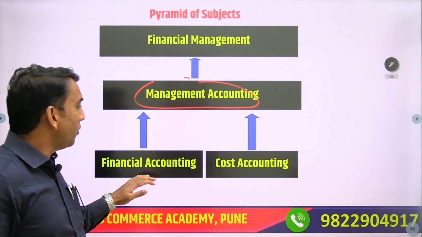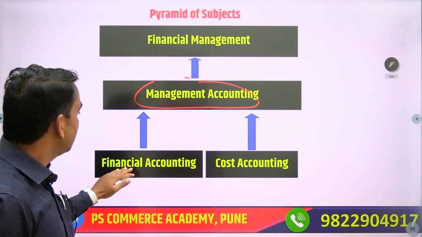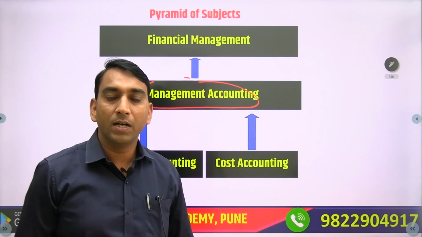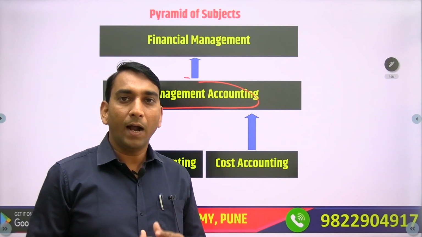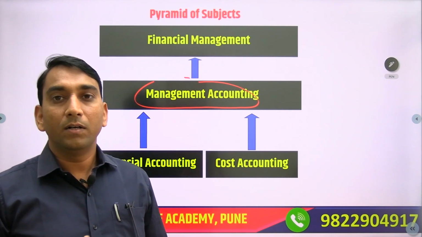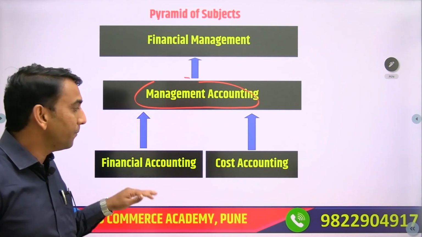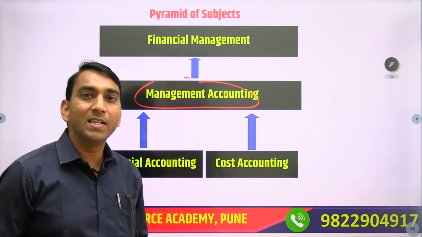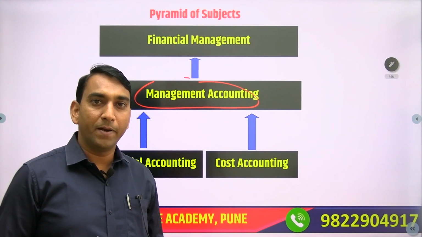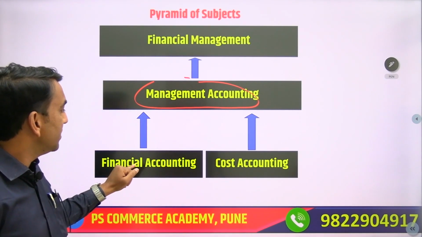So what is the point of these branches? See, financial accounting and cost accounting, these are the two basic branches. I would say that they are the data providing agency. Financial accounting and cost accounting. What is the purpose of financial accounting?